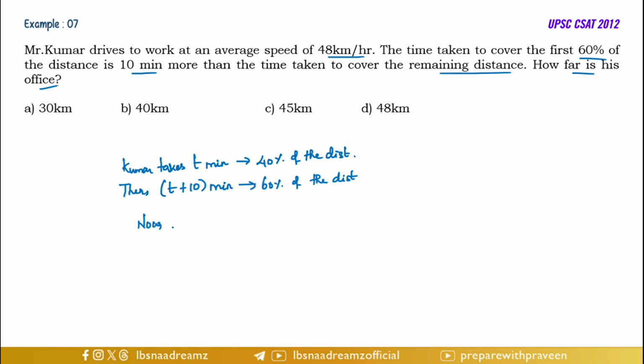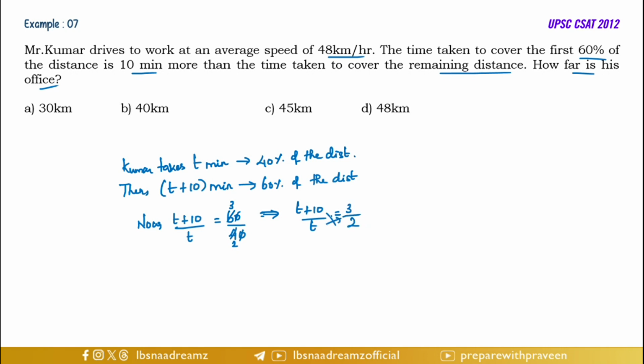Now (t plus 10) by t is equal to 60 by 40. 3 2s are 6. That is (t plus 10) by t is equal to 3 by 2.